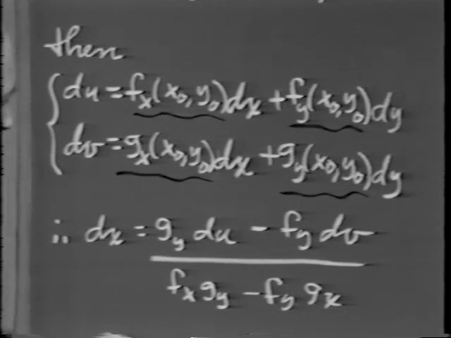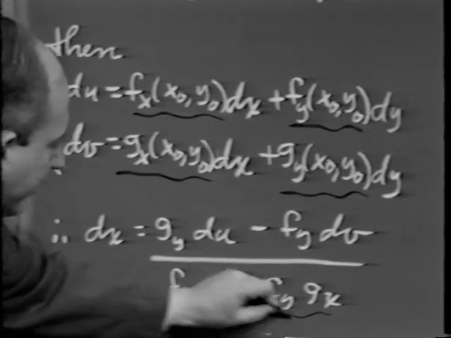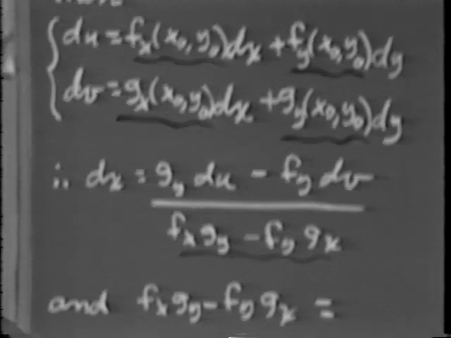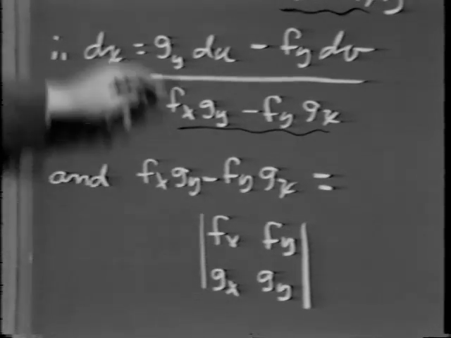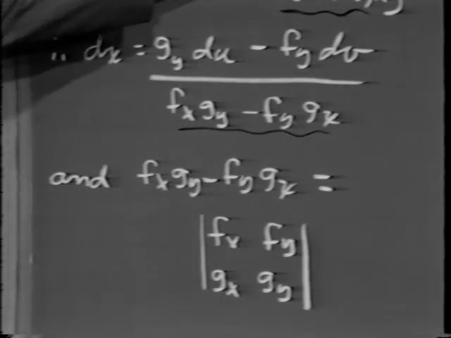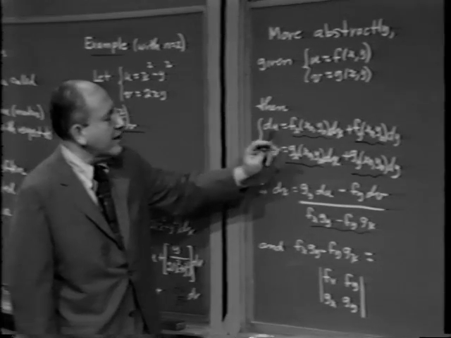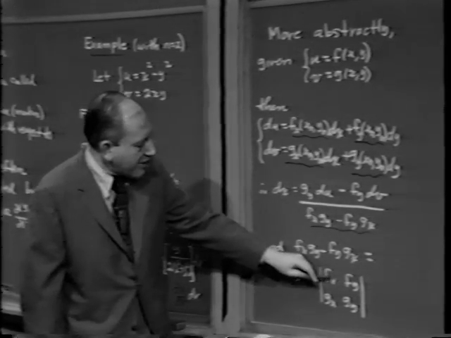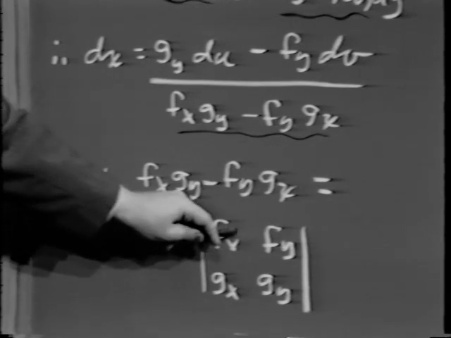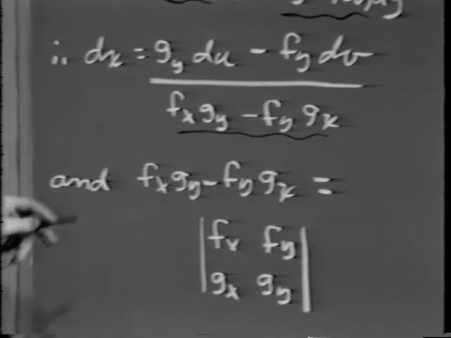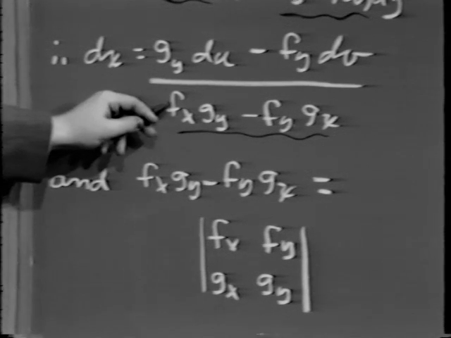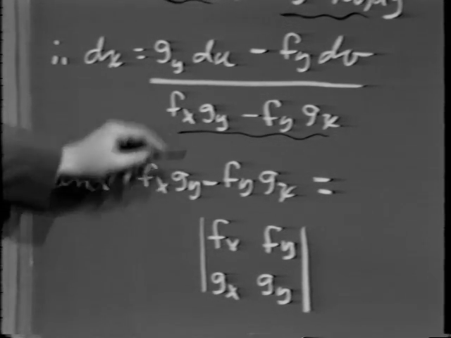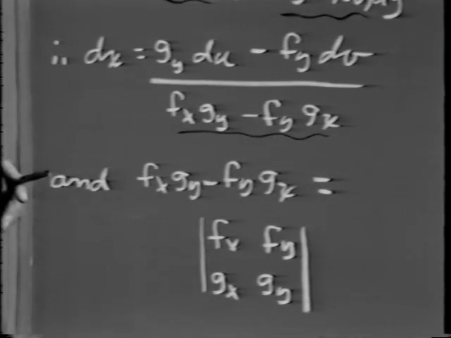And notice, of course, that this denominator is precisely the determinant of our matrix of coefficients, f sub x, f sub y, g sub x, g sub y, and the only liberty I've taken here is to use the abbreviation of leaving out the x0, y0. The key point is what? The only place I am going to get in trouble is if this denominator happens to be 0.